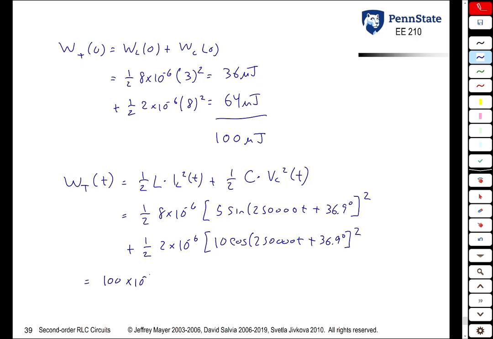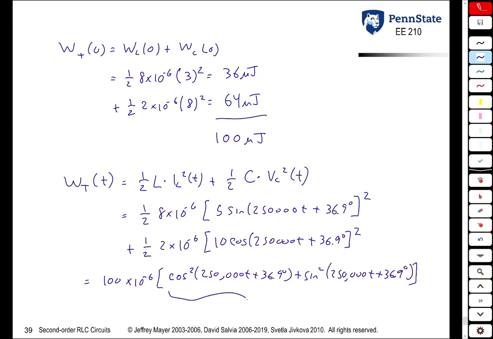100 times 10 to the minus 6 times [cosine squared(250,000 t plus 36.9 degrees) plus sine squared(250,000 t plus 36.9 degrees)].